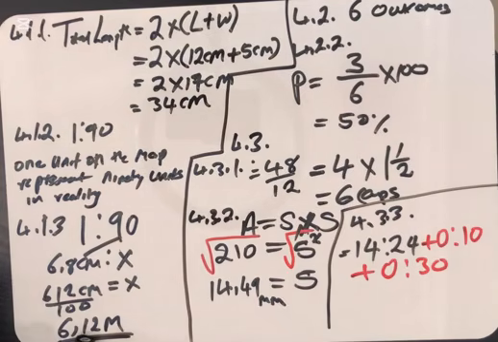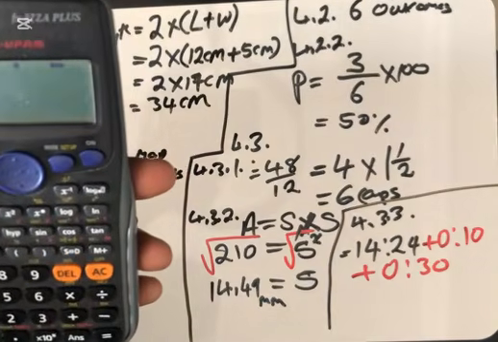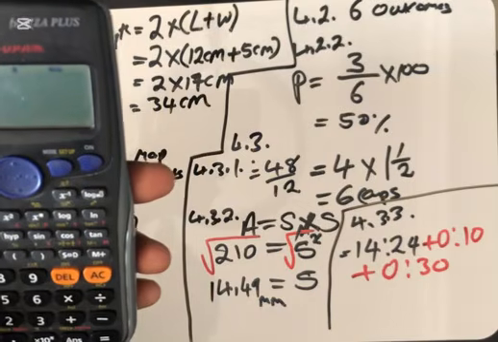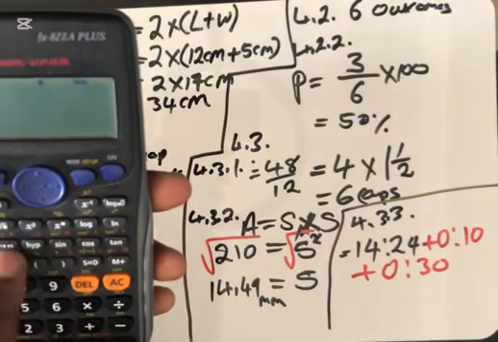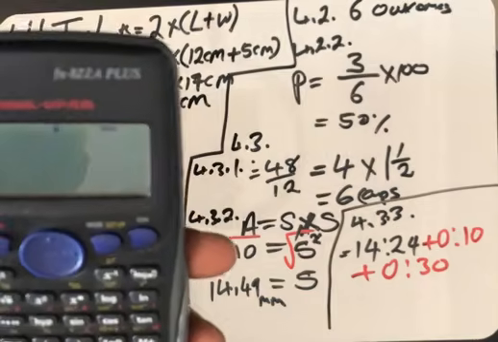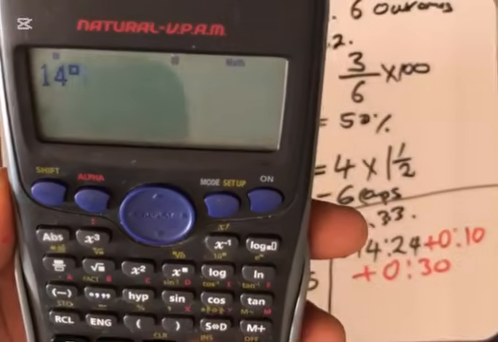So let's check. If we add 40 minutes from 14:24, it leads us to what time? You take your calculator. You're going to say 14 hours, 24 minutes. You press this button to give you something like this. I hope you can see what's happening here on the calculator.